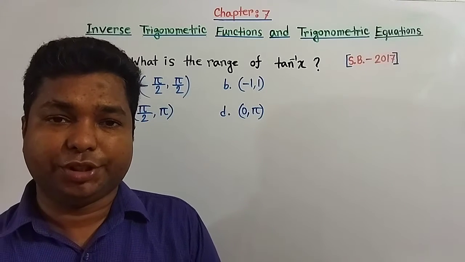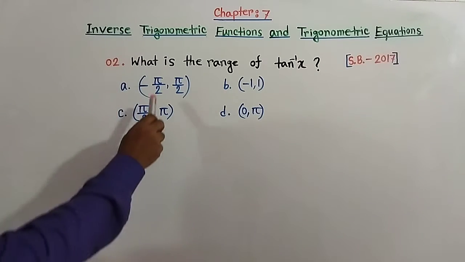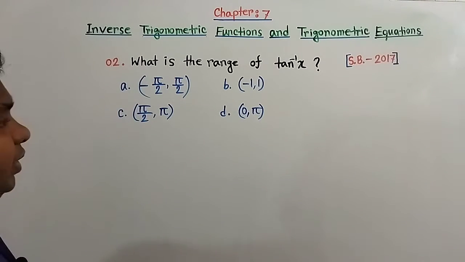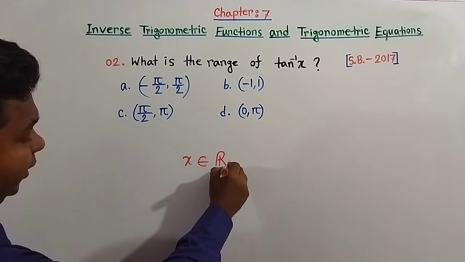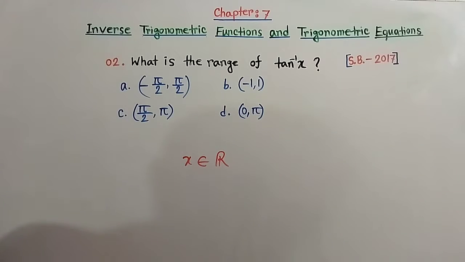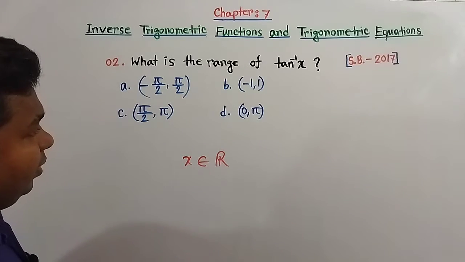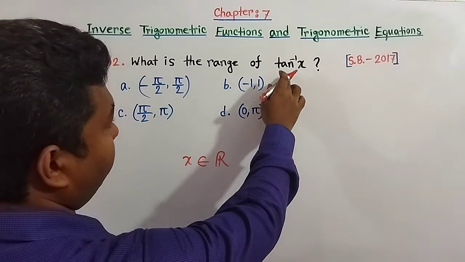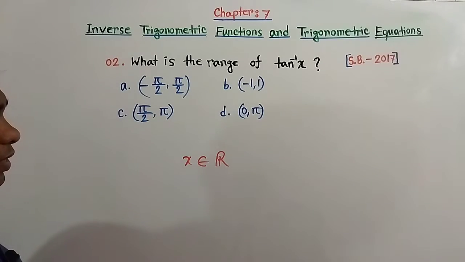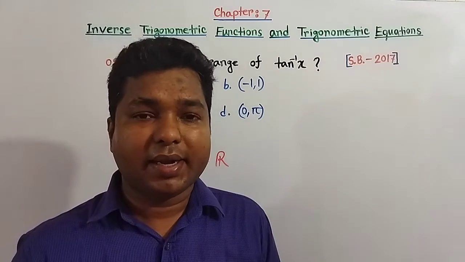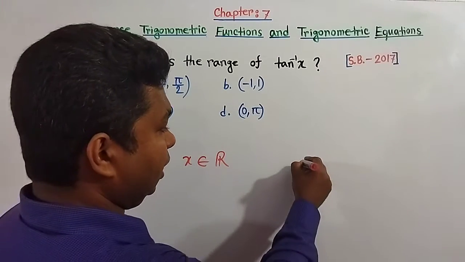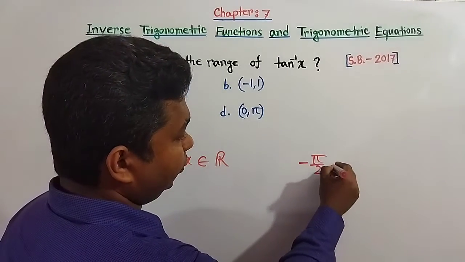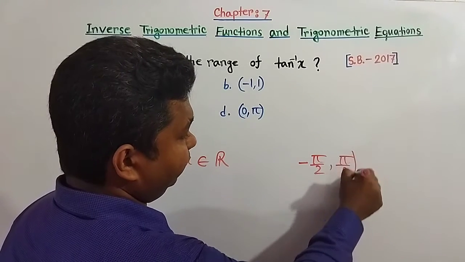Now our next question number 2. What is the range of tan inverse x? We know for any x belongs to R, that is the set of real numbers. So for any real number, the values of the function tan inverse x vary from -π/2 to +π/2.